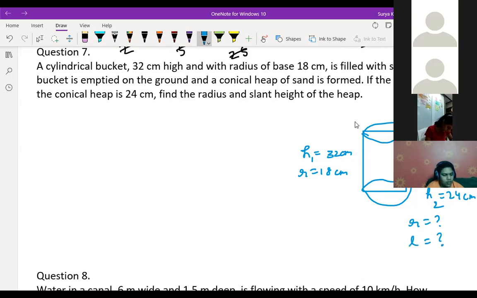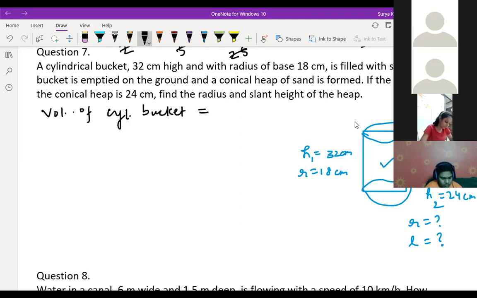So volume of this cylindrical bucket is equal to volume of what? Heap. We can write like this: volume of cylindrical bucket is equal to volume of conical heap.